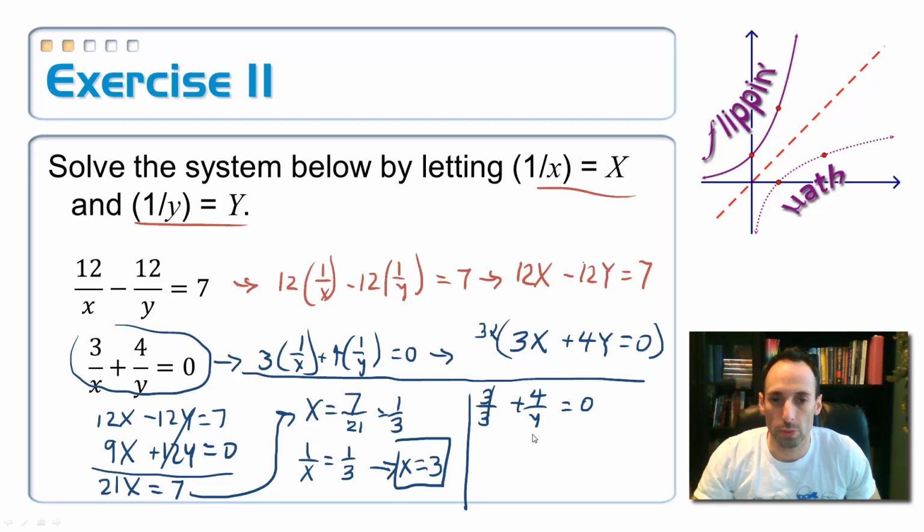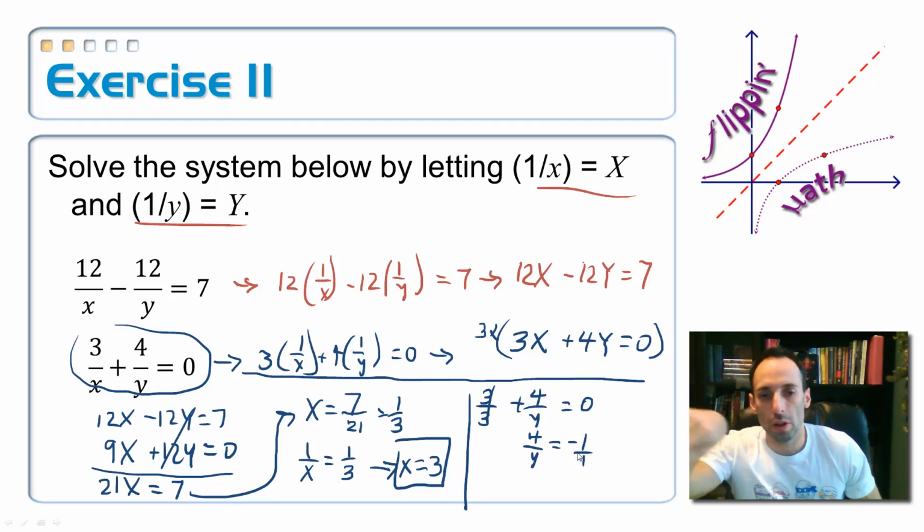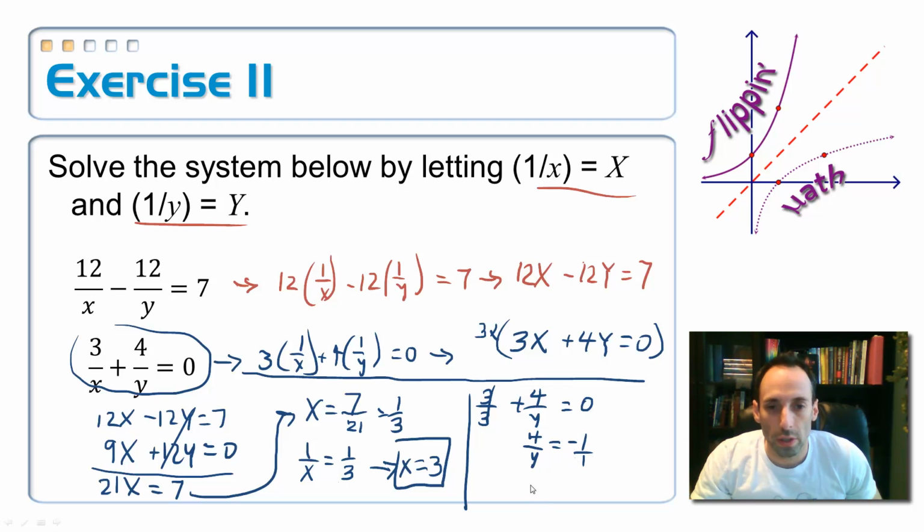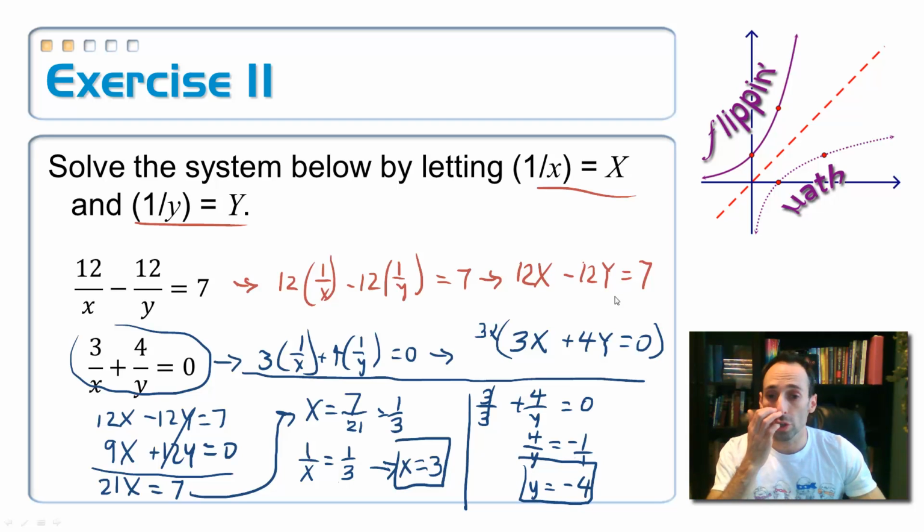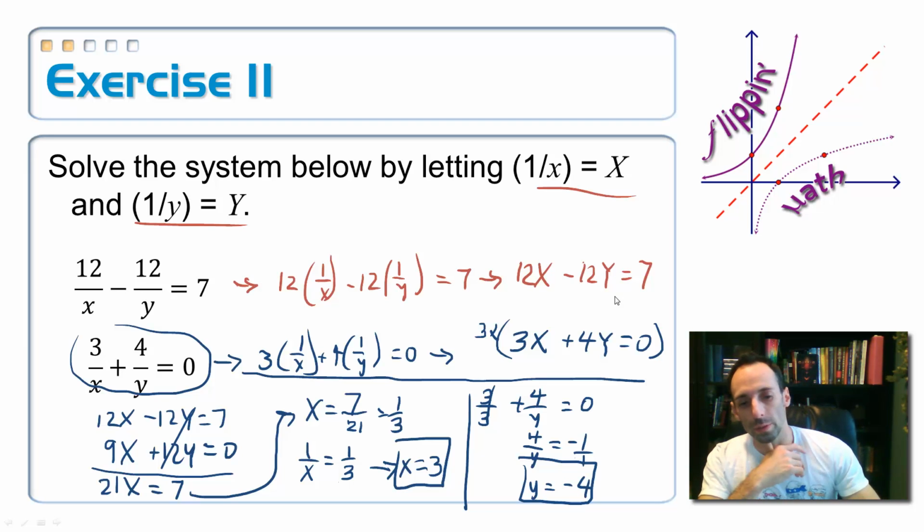That's just 1 subtracted over. 4 over y is equal to -1. Make that over 1 cross multiply there, and you get y is equal to -4. And so there is your solution to that system of equations, 3, -4.